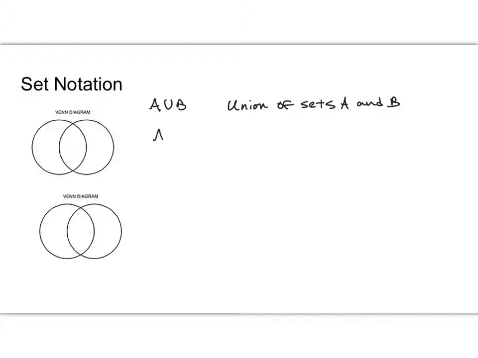That would be A union B is equal to X such that X is an element in A, or X is an element of B. That would represent the union of the sets.